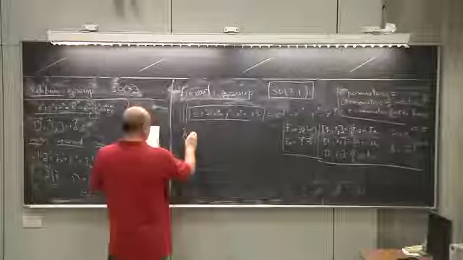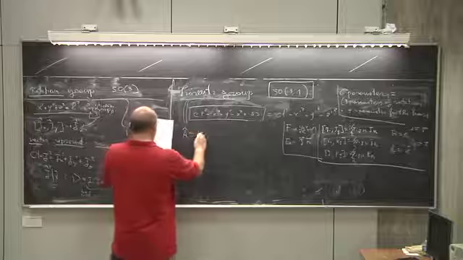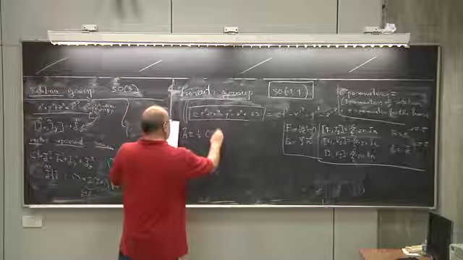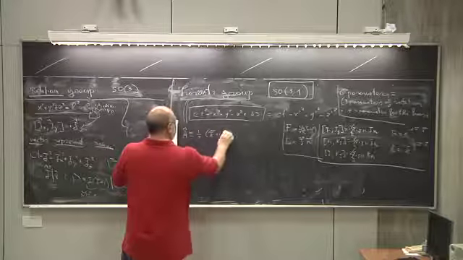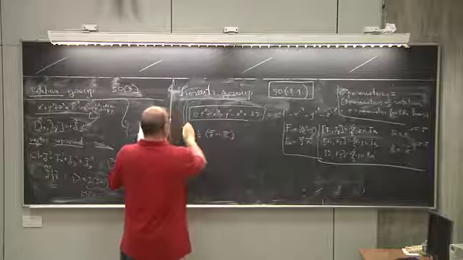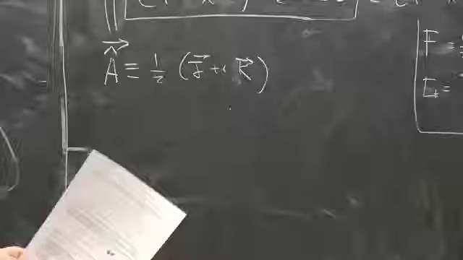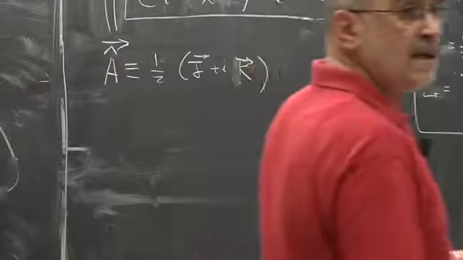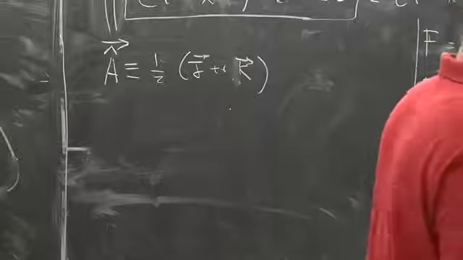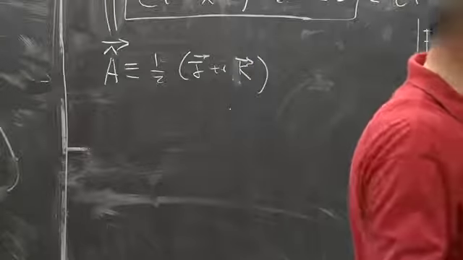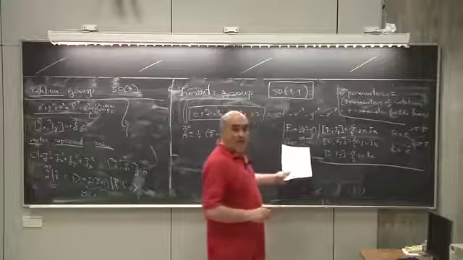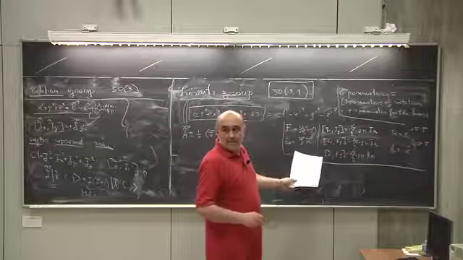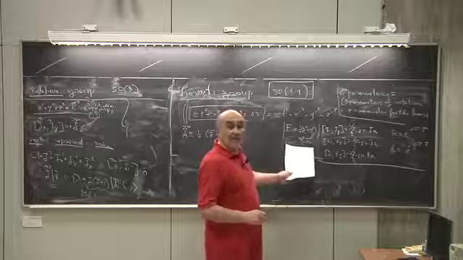Let's build the following operator. A, define 1/2 j plus I k, please. G, how I found? This is the second Casimir.